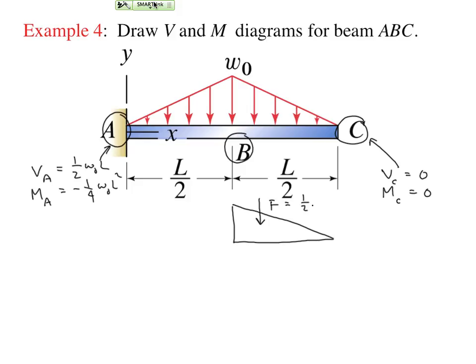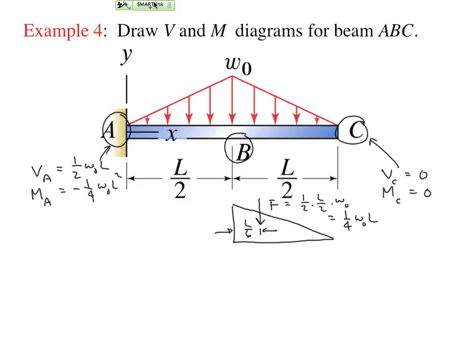The base is L over 2, and the height is W0. So F is 1/4 W0L. And we know that that location is 1/3 of the way from the base, and the base is L over 2. So this distance here is L over 6.